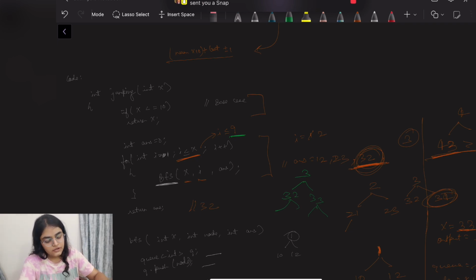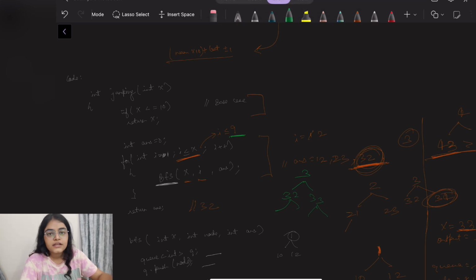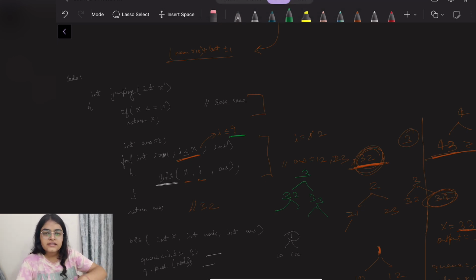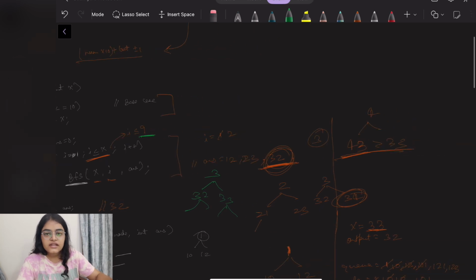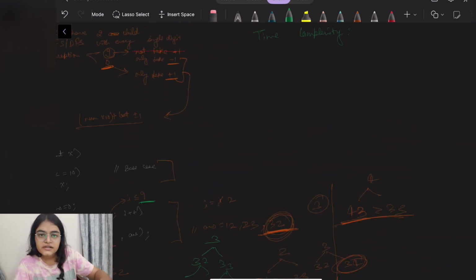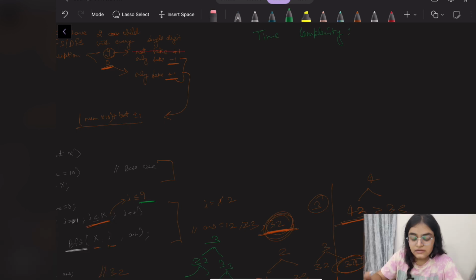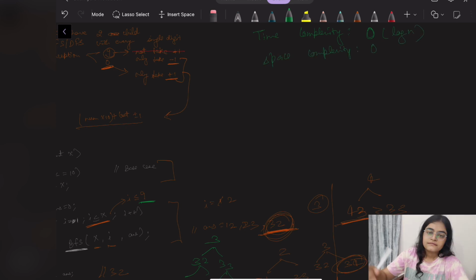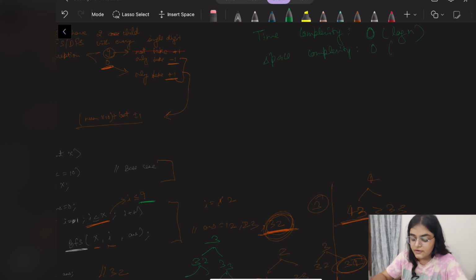So you're not searching through every number, you are just dropping the numbers that are the jumping numbers, less than big O of n, right? We are not traversing till n. So the time complexity will be big O of log n. Space complexity will be the same, because we are only storing the numbers that are the jumping numbers.